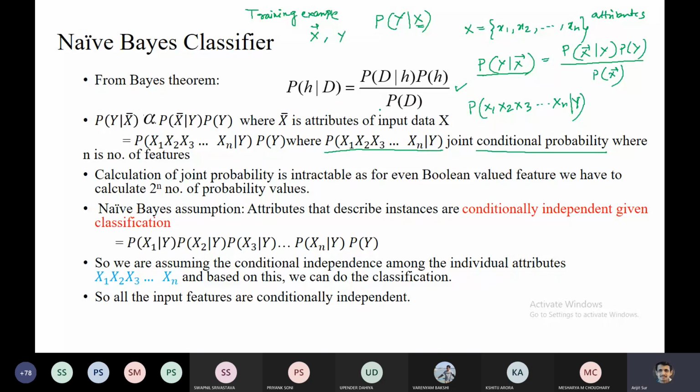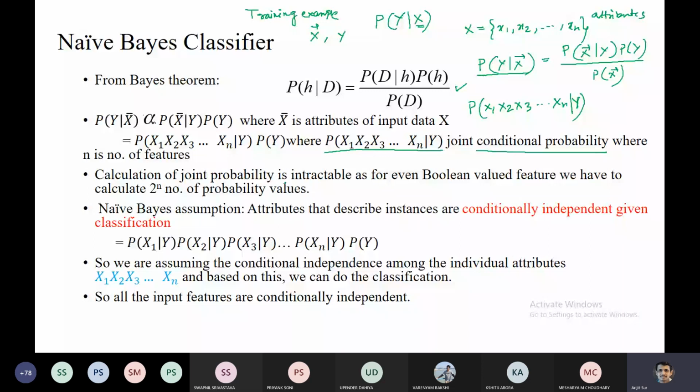Again, calculation of joint probability is intractable. Intractable means mathematically or computationally very complex or expensive. Even for Boolean valued features, we have to calculate 2 to the power n probabilities. So it's exponential in nature, the number of computations.